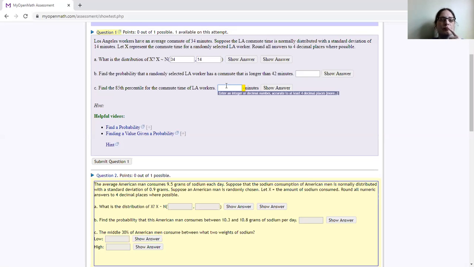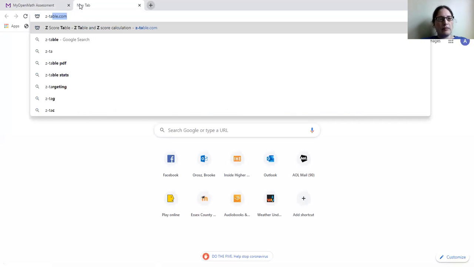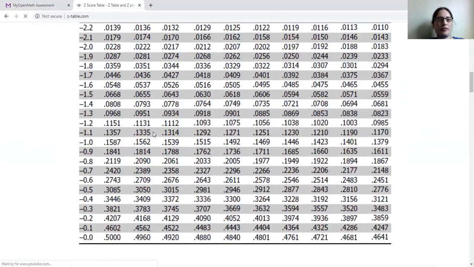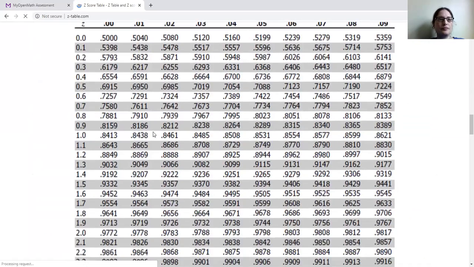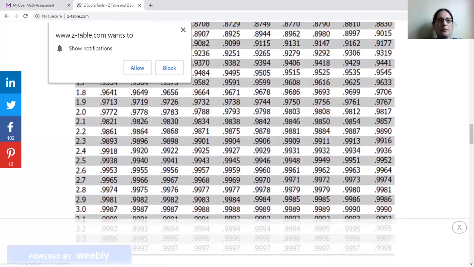Now, when you're given a percent or probability, you need to reverse the process that you used in part B. So, first we need a z-table. And it says 85%, well, 85% is 0.85.